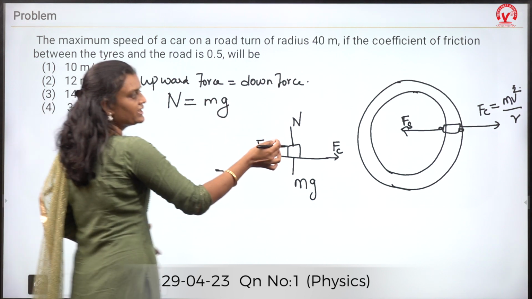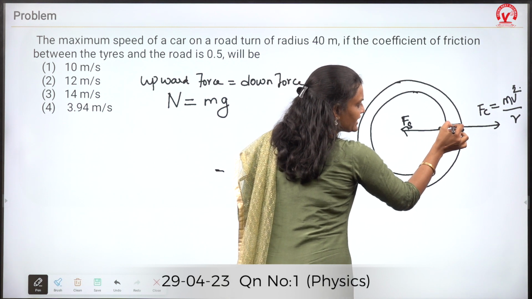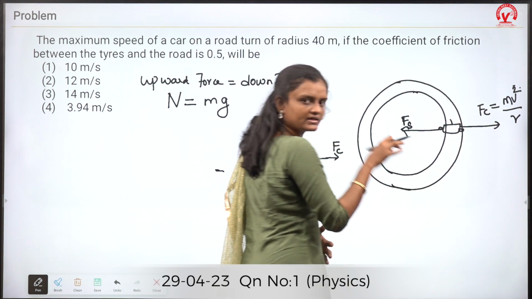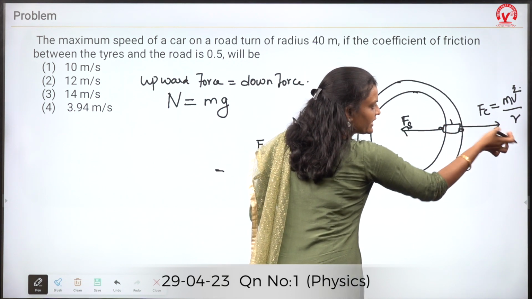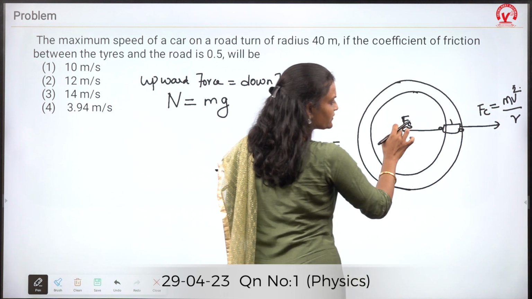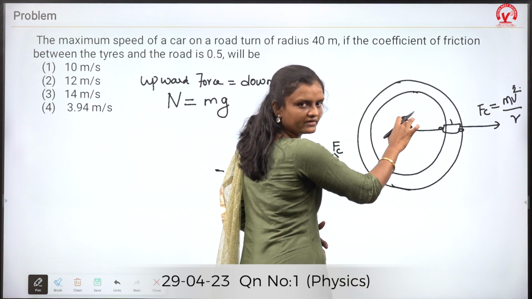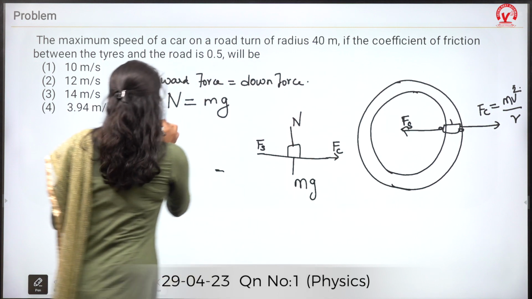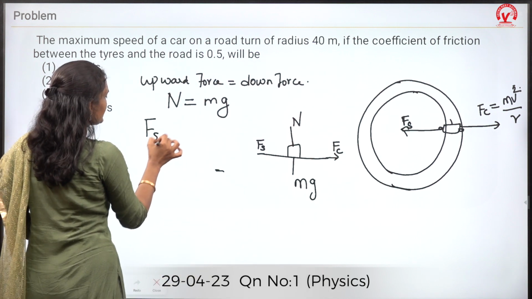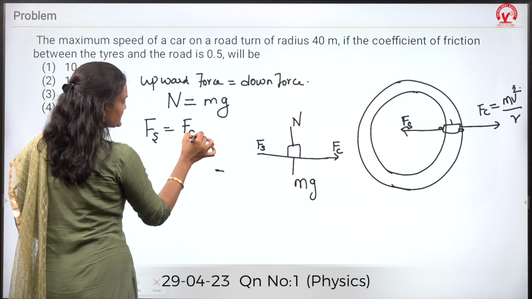When a car takes a turn, two forces act here. One is the outward centripetal force, and the other is the inward frictional force, and the frictional force is equal to the centripetal force.